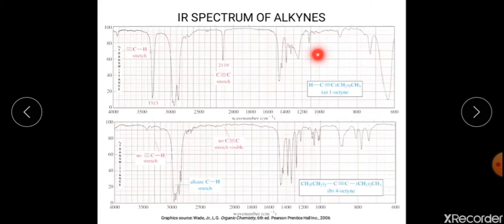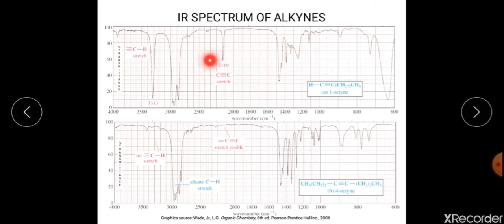For example, this is the IR spectrum of 1-octyne. In case of 1-octyne, this is your carbon triple bond carbon stretching vibration, and this is the exact wave number at which this particular carbon carbon triple bond, that is, this sp hybridized carbon and this again sp hybridized carbon, will absorb: 2119 centimeter inverse.